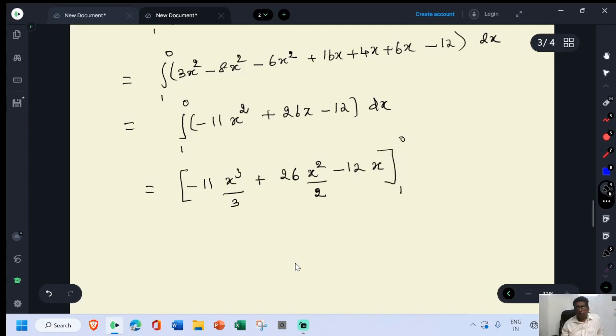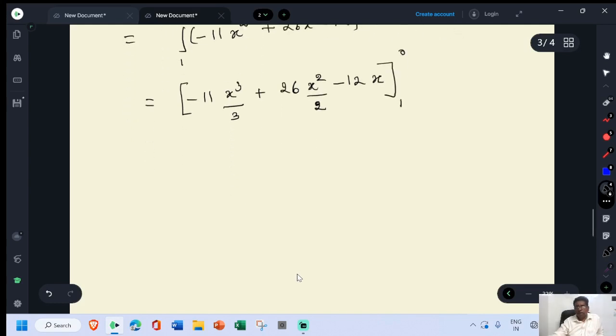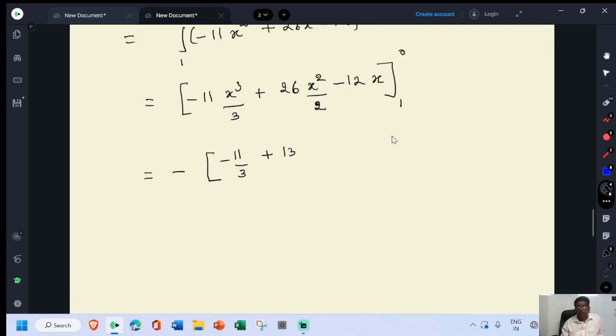Now apply the limits, 1 to 0. If you apply the upper limit, the entire thing is 0, then minus of the lower limit, so put a negative sign commonly outside, then apply the lower limit: minus 11 by 3 plus 13, because 26 by 2 is 13, times x square, where x is 1, then minus 12.